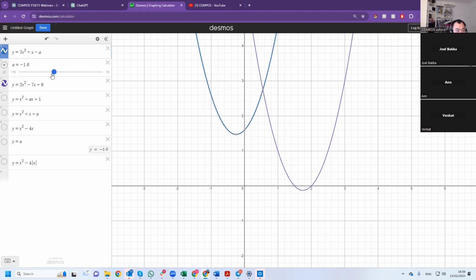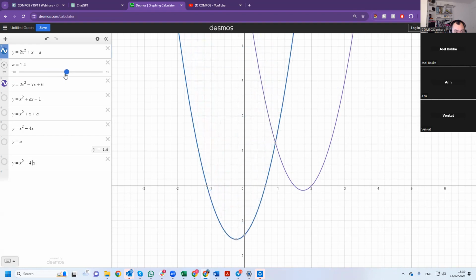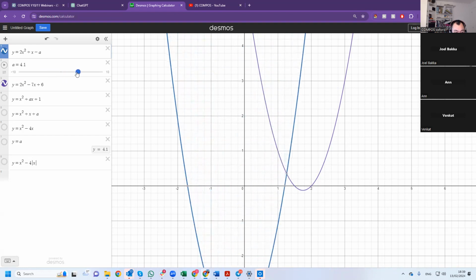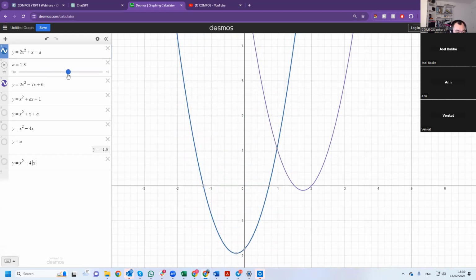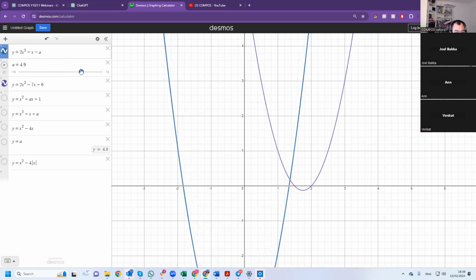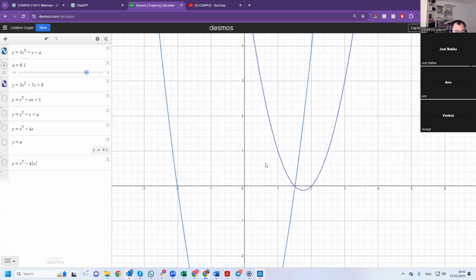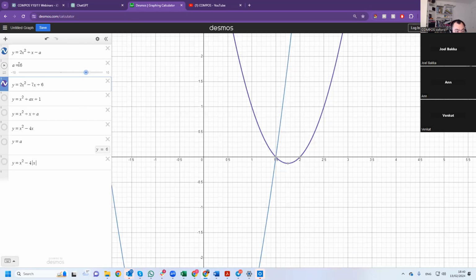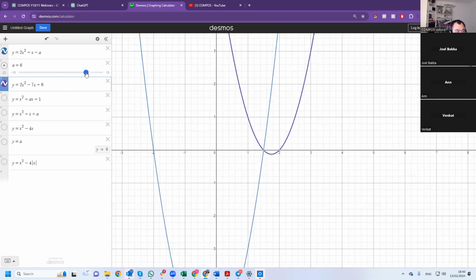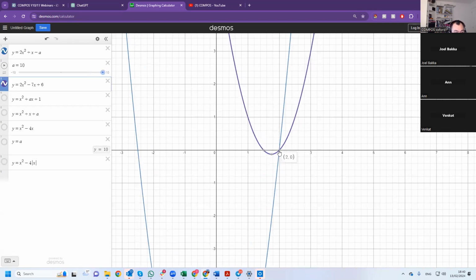It has matching roots only if it has the same x interval. And the left-hand side root is always negative, no matter what you do. So when a equals 6, you can see that they have a matching root. And the next one is when a is 10. You can see that they have a matching root.